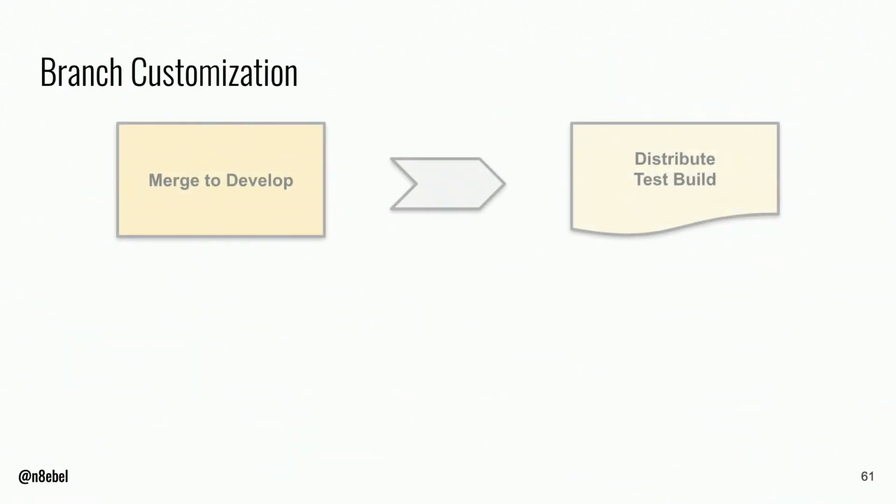But in this case, we're going to talk about how you can customize this on a per branch basis. So this is what we have set up on our project at Pixite. Basically, if we merge into the develop branch, we have tasks associated with our build that will then automatically distribute that test build using Beta by Crashlytics.